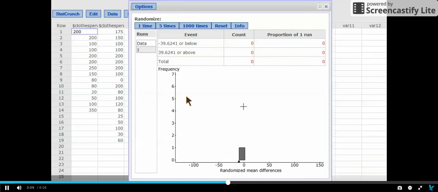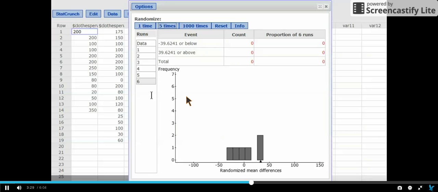Okay, so we'll continue by clicking on 5 times, and when you click on 5 times, again you can see StatCrunch start to build the histogram. So now we have the data for a total of 6 resamples.